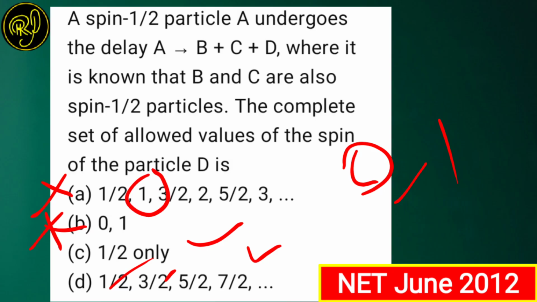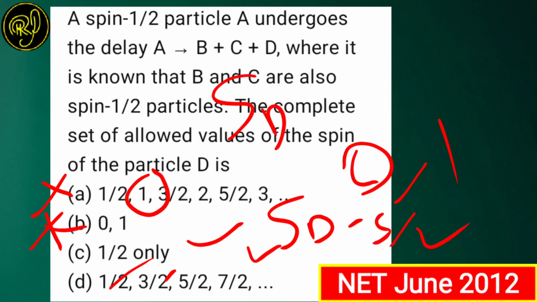But when you take SD equal to 5 by 2 or SD equal to 7 by 2, you can never get the value of LHS matching with the RHS. The LHS value is spin half, and you can never get the resultant B plus C plus D to be half. So with 5 by 2 and 7 by 2 you can never get the answer matching with the LHS.